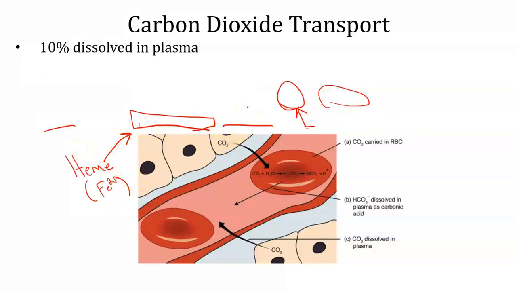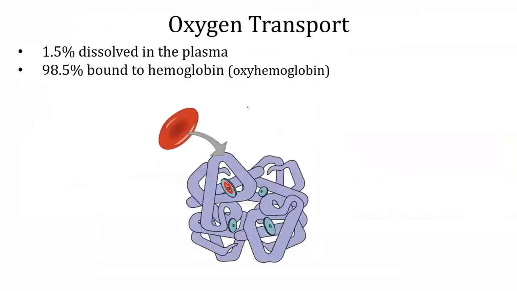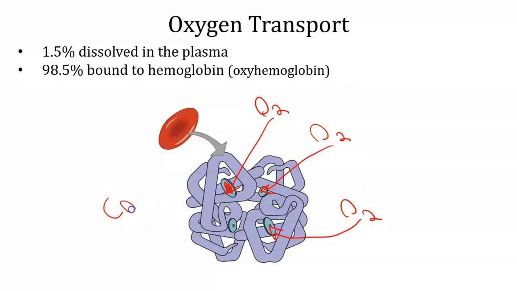So if I go back to this picture of hemoglobin, oxygen rides on the iron, these very small little portions here, and the CO2 hangs around the globular portions, the amino acid portions of the hemoglobin molecule.